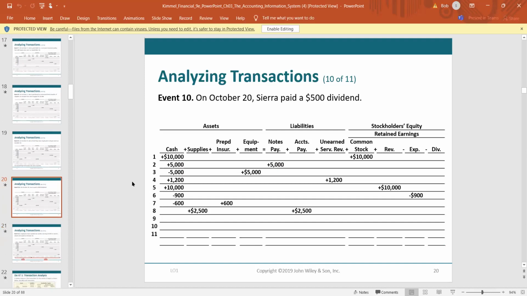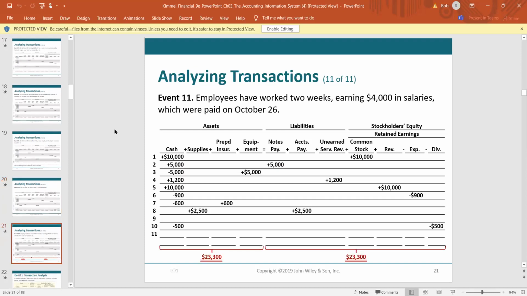Paid a dividend. Cash is going to go down. And so is equity. Dividends are not an expense. Dividends are a reduction in your stockholders' equity because, in essence, you're selling part of the company to somebody.